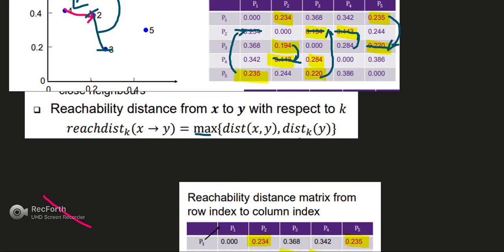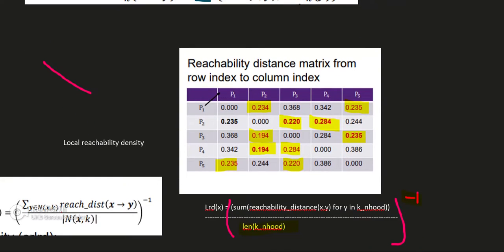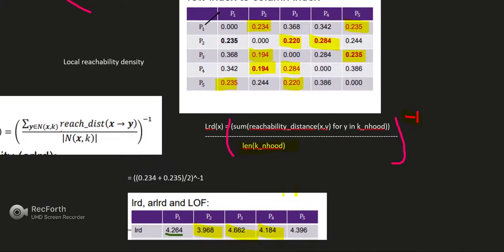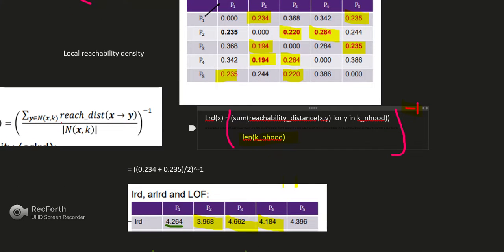Remember that you keep the indices of your nearest neighbors for each point in each of the rows, and I find it handy to highlight those. Then, once we've replaced those values, you replace the smallest value in each of the columns with the second smallest value.